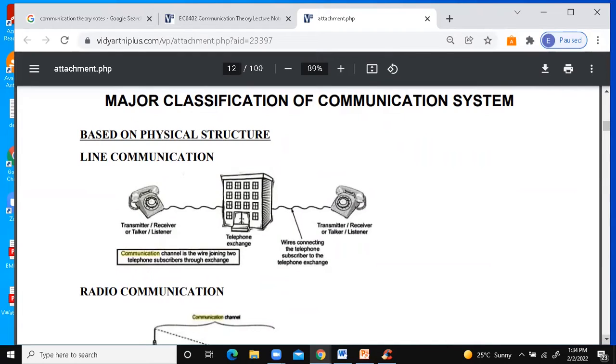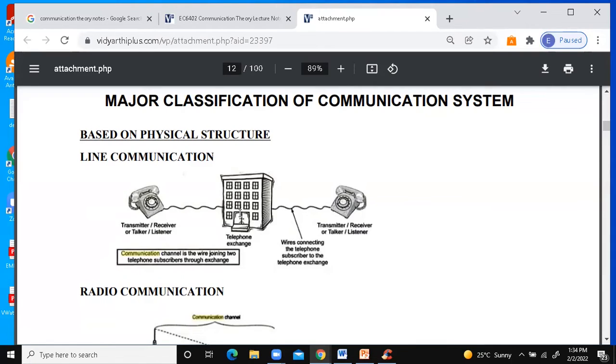So, major classification of communication systems. You have your line communication. Your telephone, you run wire all about, underground and overhead, to get to your house.